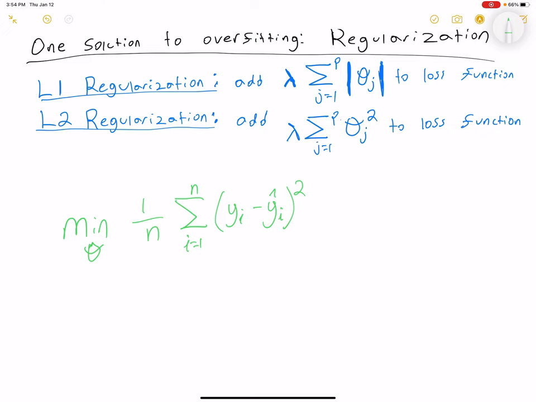But what we do in regularization is we add, let's look at L2 regularization, we add the sum of the model weights to our loss function.